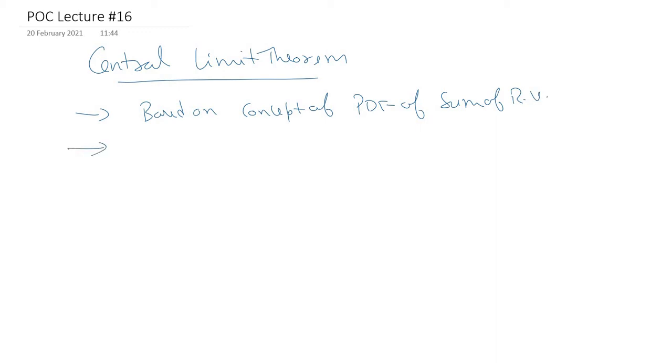Now, what is central limit theorem? It states that the probability density function, PDF, of sum of n independent random variables tends to approach Gaussian density as the number n increases. I'll just write down the statement.